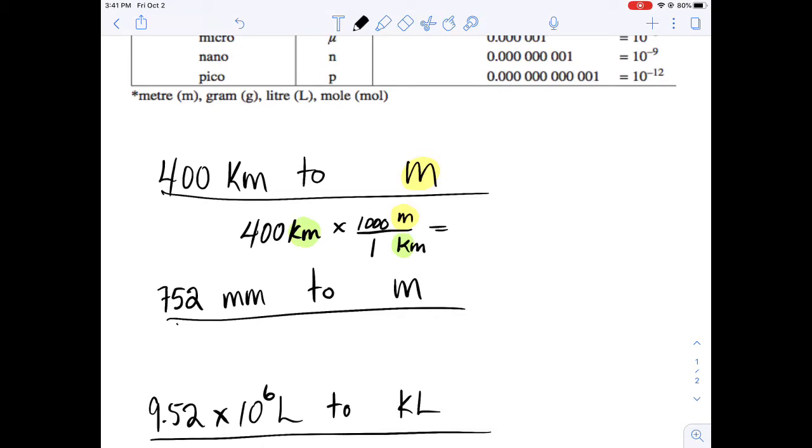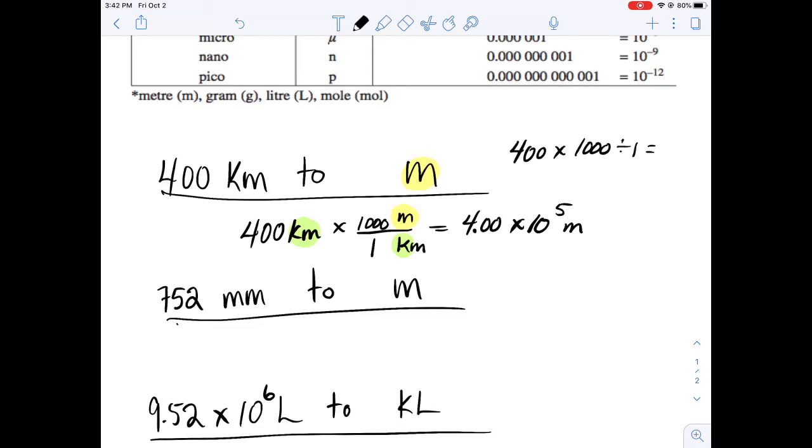The way my numbers are going to be put into the calculator is 400, that's kilometers, times 1,000 divided by 1, equals. And this is going to give me 4.00 times 10 to the 5 meters.